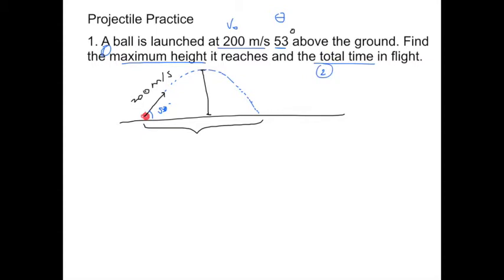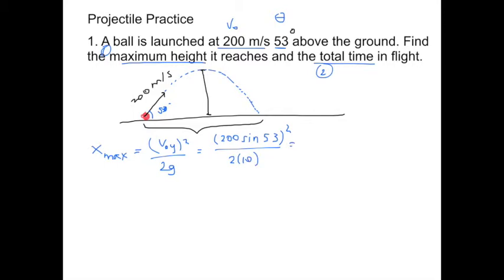We know from the slide before that the equation for maximum height equals initial velocity in the y direction squared divided by 2g. So we can plug in our numbers here. We get that the initial velocity in the y direction is 200 sine 53 squared divided by 2, and we'll call g 10 for now to make the math easier.